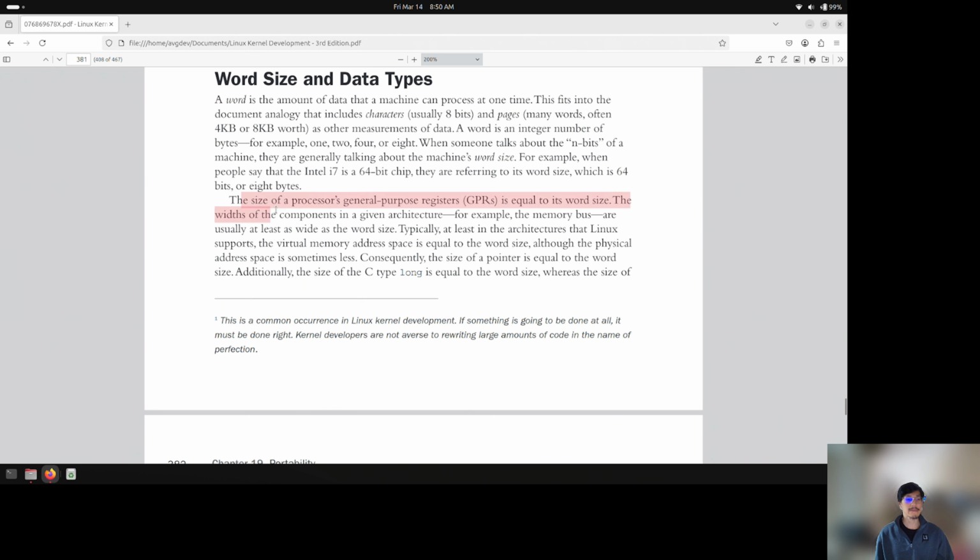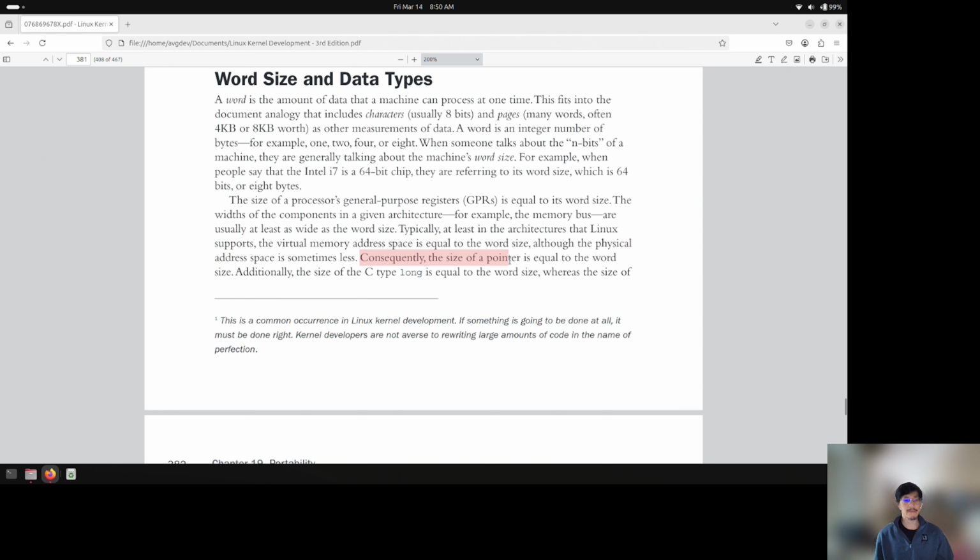The size of a processor's general purpose registers, GPRs, is equal to its word size. The widths of the components in a given architecture, for example, the memory bus, are usually at least as wide as the word size. Typically, at least in the architectures that Linux supports, the virtual memory address space is equal to the word size, although the physical address space is sometimes less.